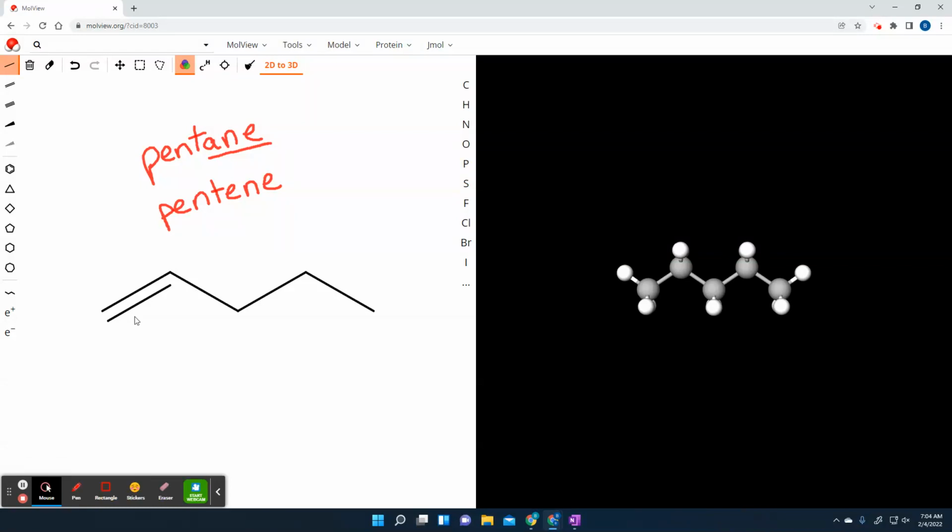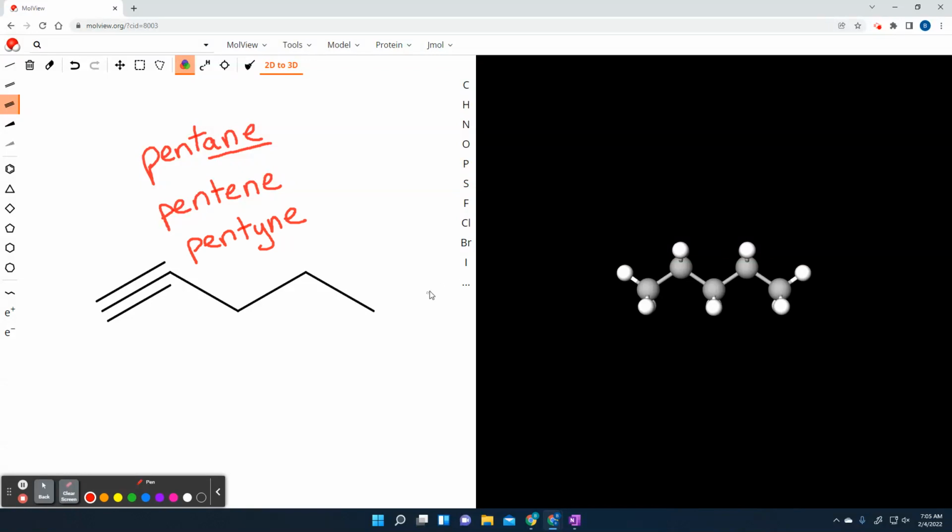If I was to add a triple bond here, triple bonded compounds are called alkynes, so we would call this pentyne.